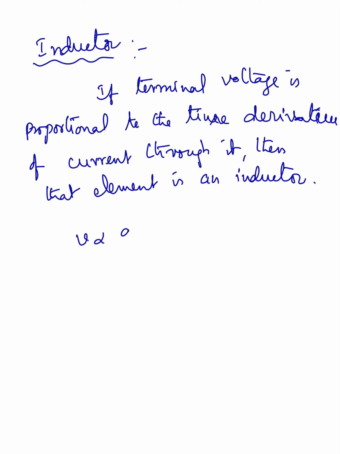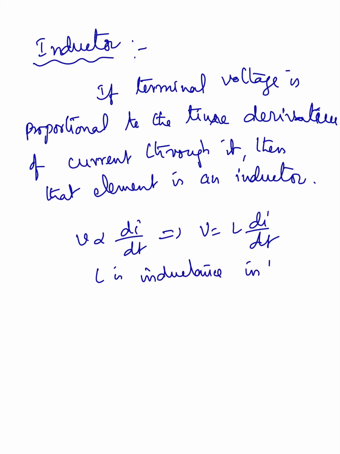That is, V is proportional to di by dt. That is, V equal to L di by dt. L is inductance in Henry.